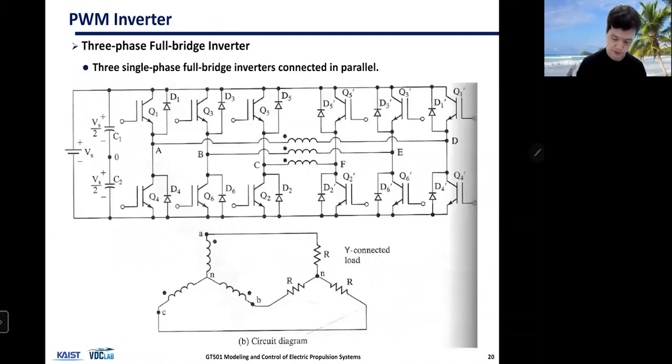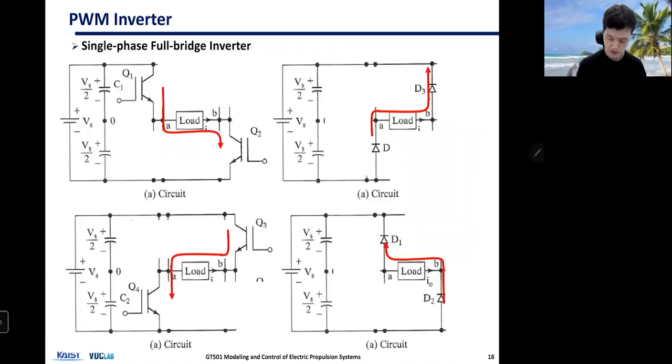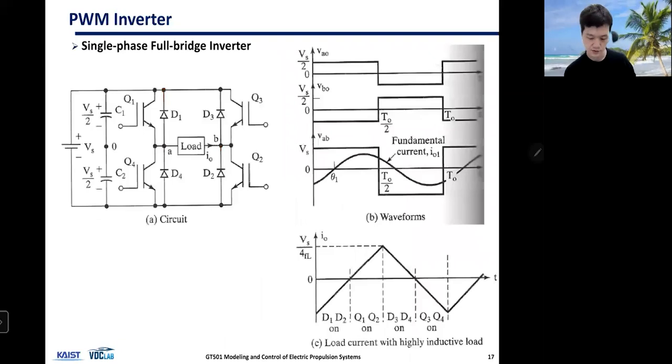So far, this was a very simplified operating principle to just give you an idea of how you can create this alternating current from a DC power source. But the output is not very smooth.